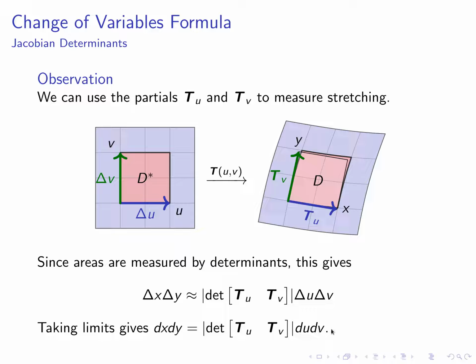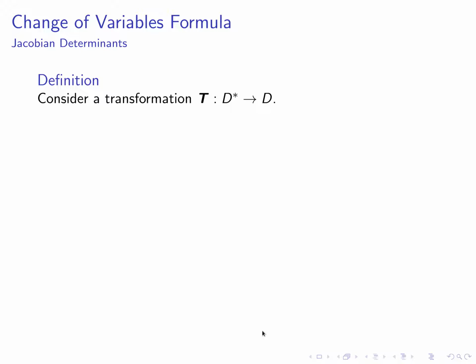This tells us why we were off in the motivational examples: we weren't accounting for the stretching of area when we change variables. So of course we got an incorrect answer. In order to get a correct answer, we have to precisely relate dx times dy to du times dv. And this area idea says the appropriate factor is the absolute value of the determinant of this matrix. So let's introduce some formalism here.